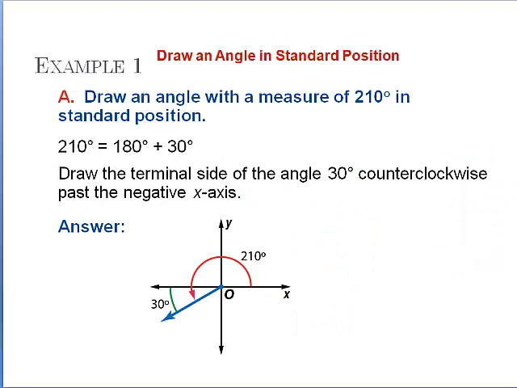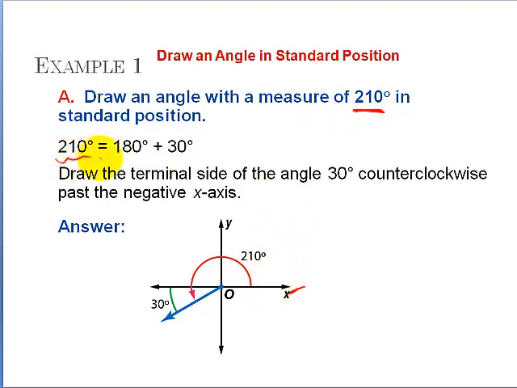I actually have all these notes prepared for you just because it's really important that you see the proper angle, and it's just done more to scale. Draw an angle with a measure of 210 degrees in standard position. So when you see the standard position, that means that the initial side is along the positive x, and then because it's positive, it's rotating counterclockwise.